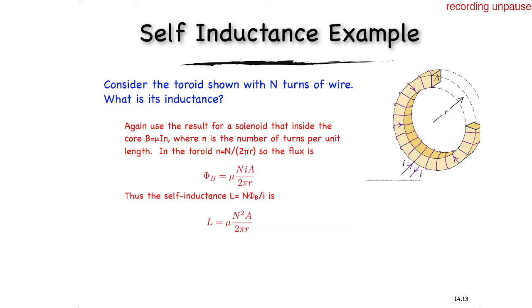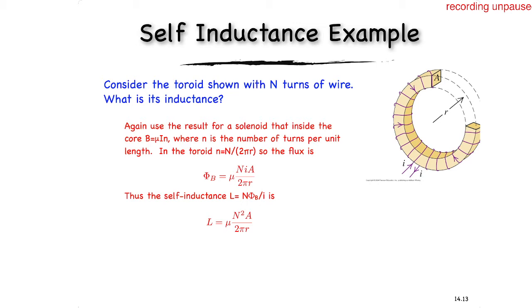So let's see if we can calculate the self-inductance of a toroid, since so many of these inductors are toroidal in shape. So we'll assume that there's N turns of wire on this toroid. And we're going to use the results that we got from the solenoid rather than rederiving this. We're going to use the magnetic field from the solenoid, which was mu I n in the core.